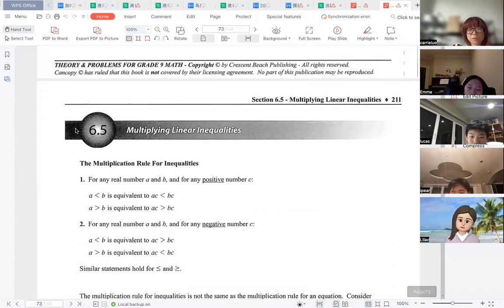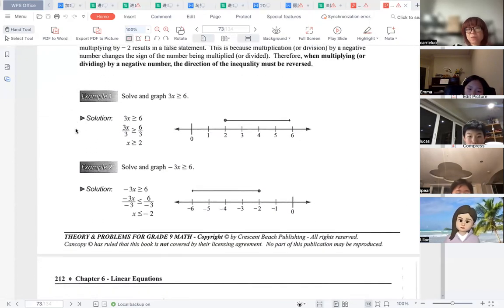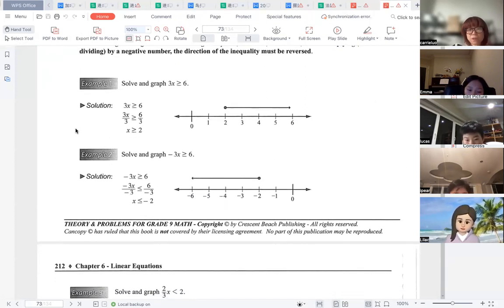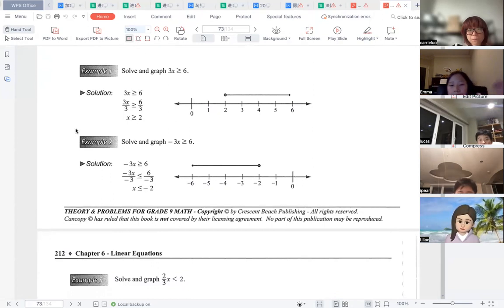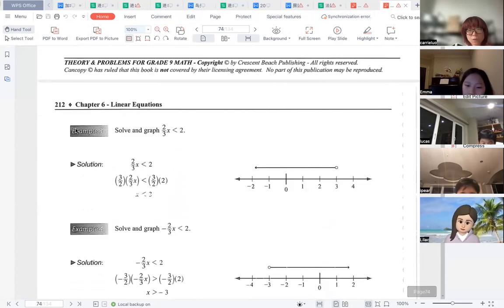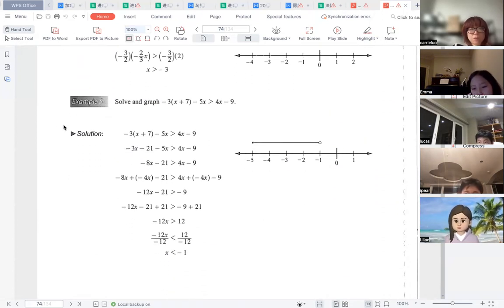Okay, so let's take a look at multiplication. When you times or divide, you need to remember everything needs to be changed at the same time. Let's solve number 5 because before that we have already learned one.